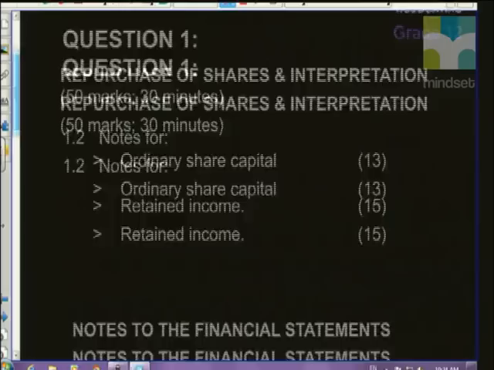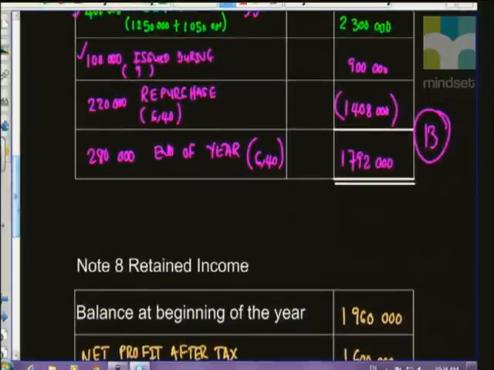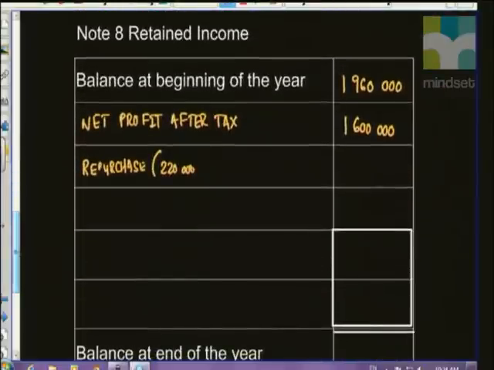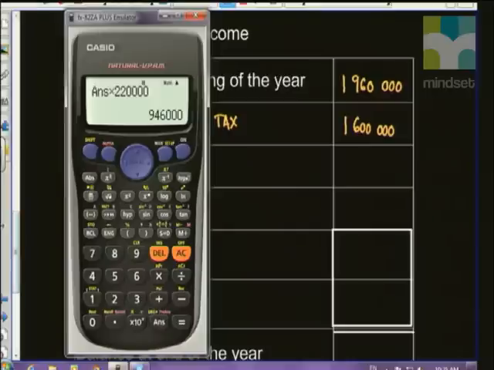Okay, so let's show that information there. Remember the 220,000, we said at how much? The price we said was 4 Rand and 60 cents. If you remember the calculation, let's just refresh our memories and check the calculator. It was 10 Rand and 70 minus 6 Rand 40, and my answer is 4 Rand and 30 cents, sorry.